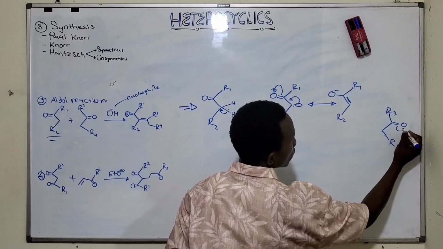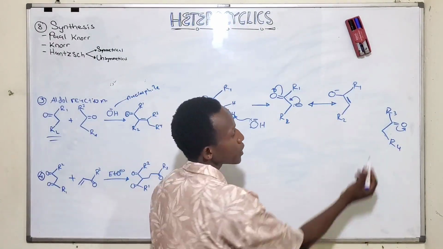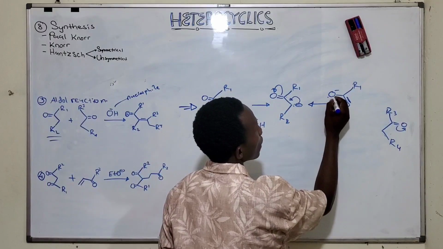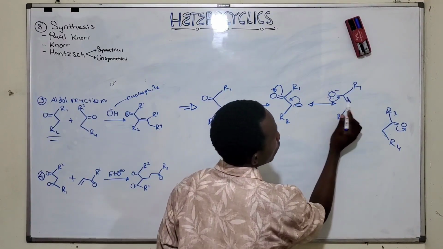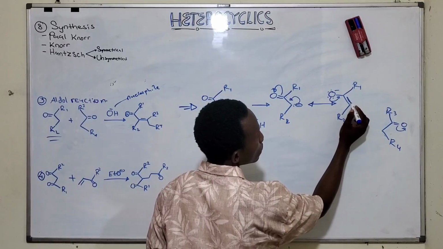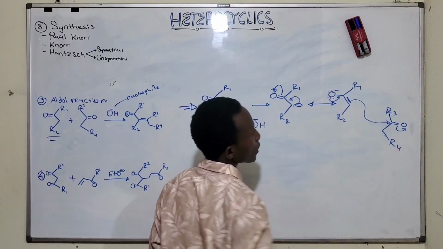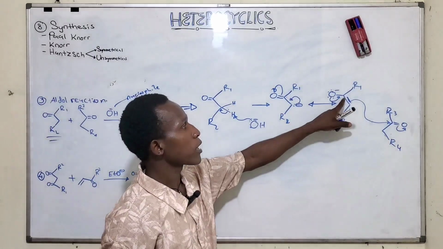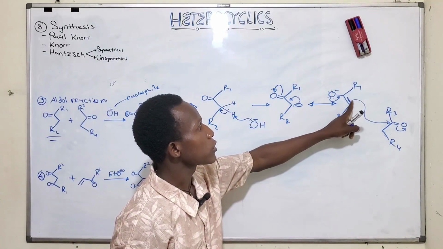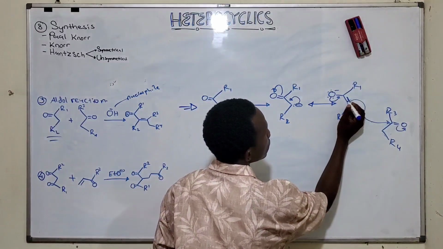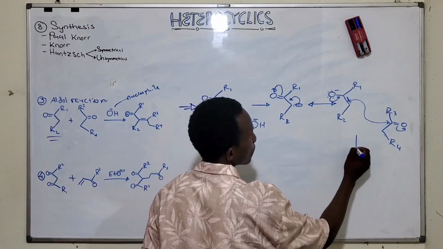This oxygen is also electronegative and pulls electrons towards itself, creating the carbocation. So as this one brings the bond back, we are forming a double bond, then this one will attack this carbocation, because it forms a bond with this carbon. Then this one uses these bond electrons to attack this carbocation.